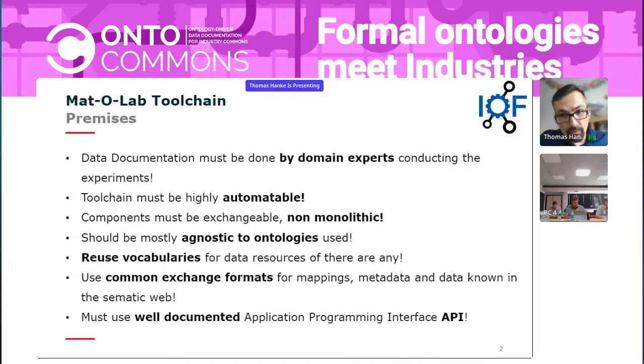The components of that tool chain should be non-monolithic because, as you all know, there are a lot of formats of input data out there, and creating metadata for them and mapping them to something else is a diverse problem. So we have to break things down, and those things should not be done in a monolithic application. If we can break things down and document them well and create a tool chain of microservices, this is the modern way to do it.